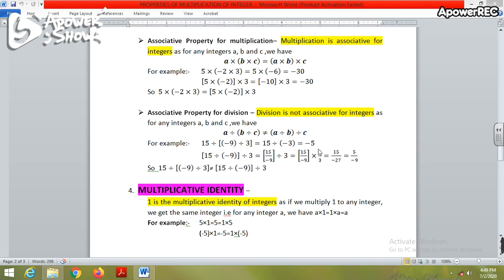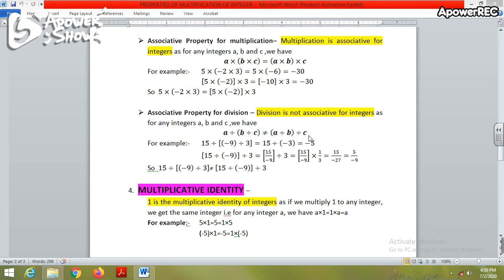So here minus 5 is not equal to 5 upon minus 9. That means (15 divided by minus 9) divided by 3 is not equal to 15 divided by (minus 9 divided by 3). So here we have an example in which (a divided by b) divided by c is not equal to a divided by (b divided by c).